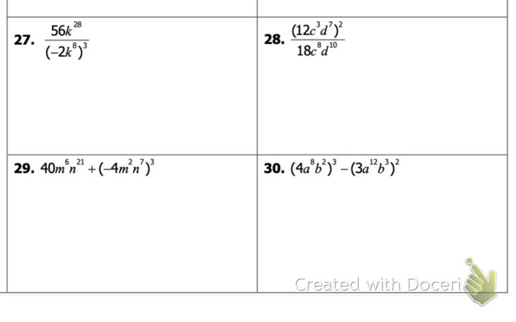All right, do we see any of these 4 we'd love to do that you're just like, I don't know how to do that? Yeah. 27. You want to do 27? Let's take a peek at 27. Now remember, when I'm dealing with division, I need to simplify the top and the bottom. Is there anything I can do to the top? No. There's no multiplication. There's nothing happening up there. Can I simplify the bottom? Yes. Now pay attention when we simplify this bottom.